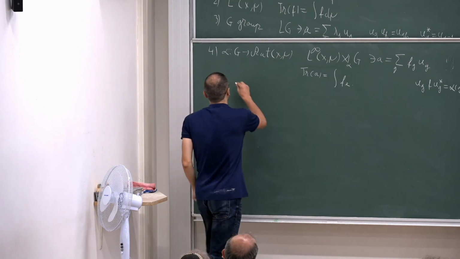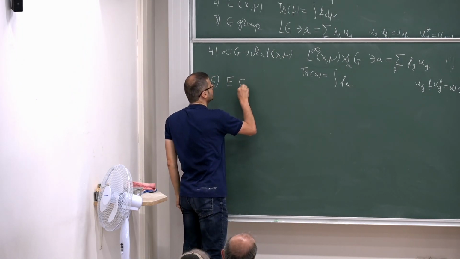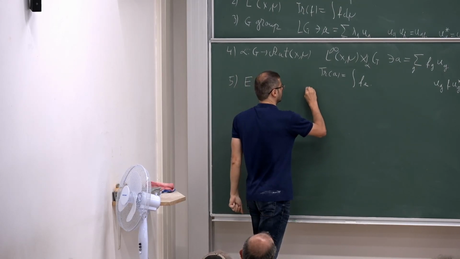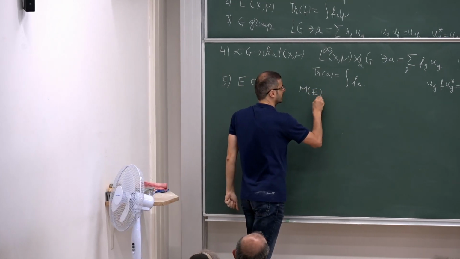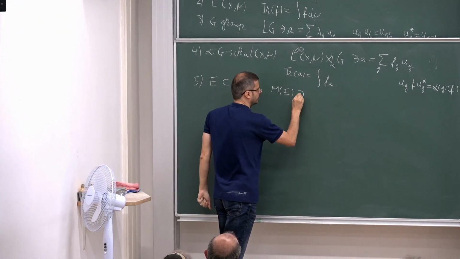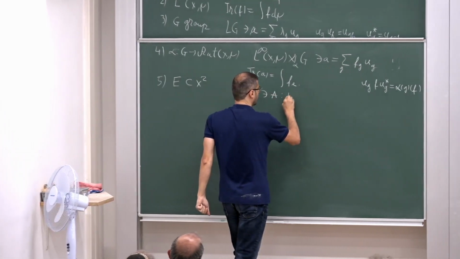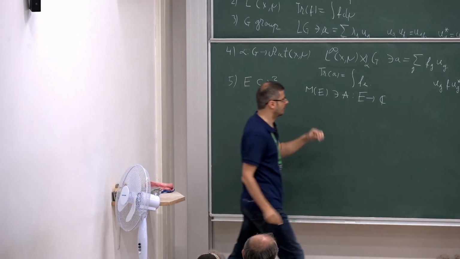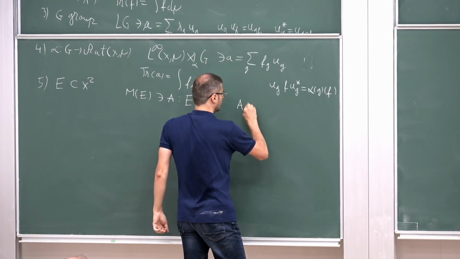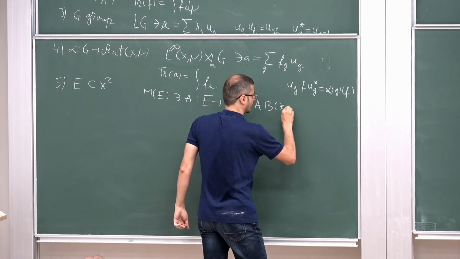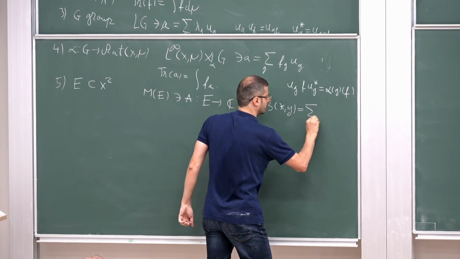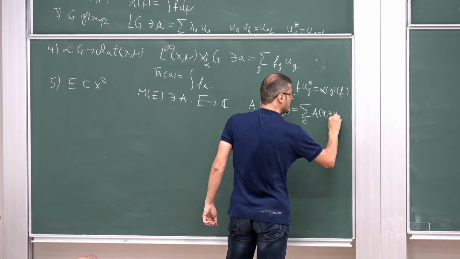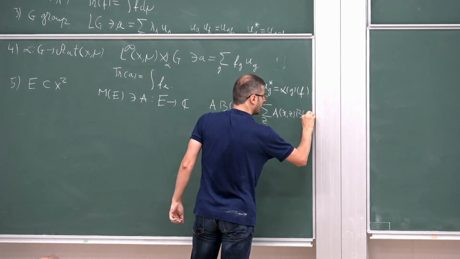So if you start with an equivalence relation in X, then you construct what is called the Feldman-Moore construction, that are just matrices. Again, matrices, so functions from E to complex numbers that you treat as matrices. So if you want to multiply two such objects, then it's the familiar formula, A(x,z) B(z,y).